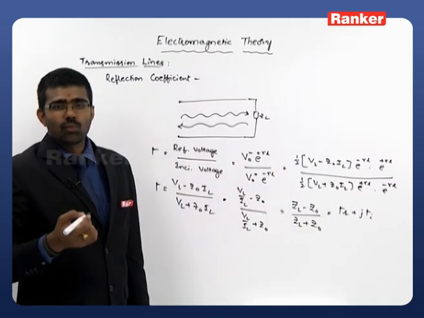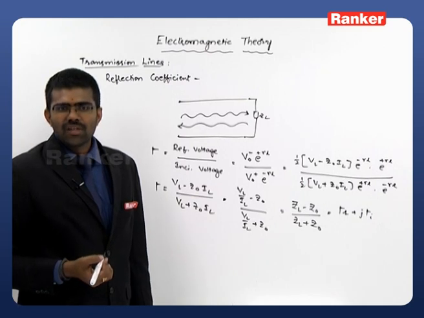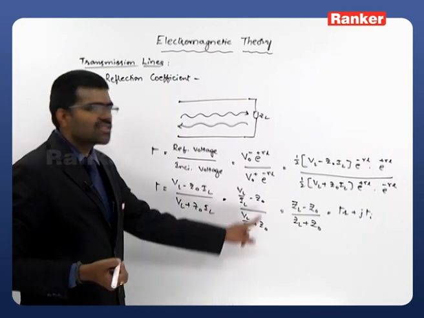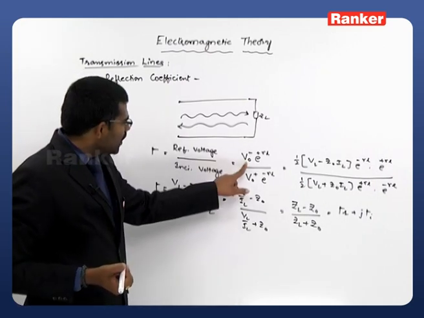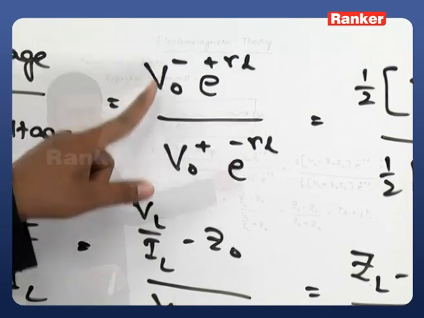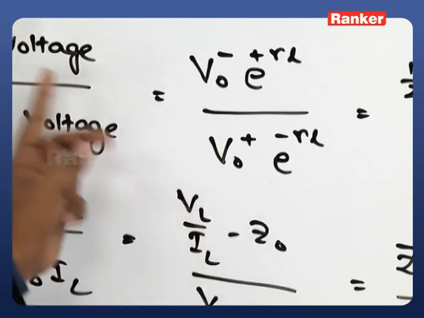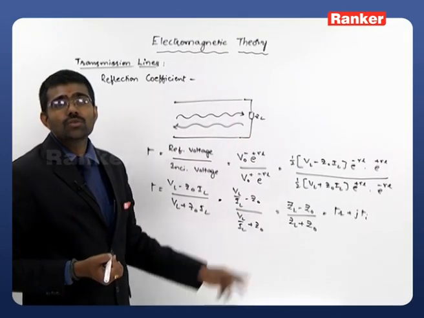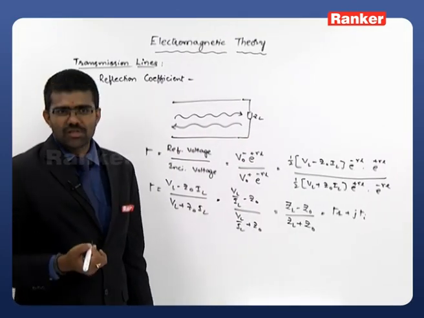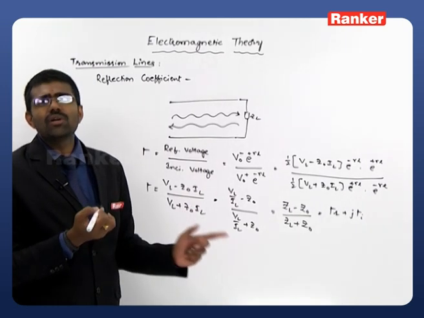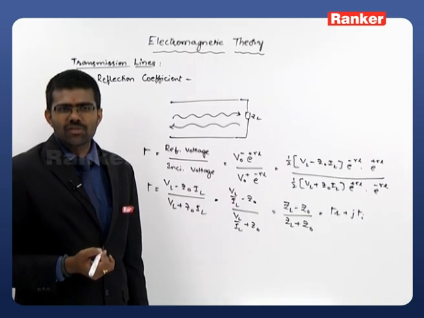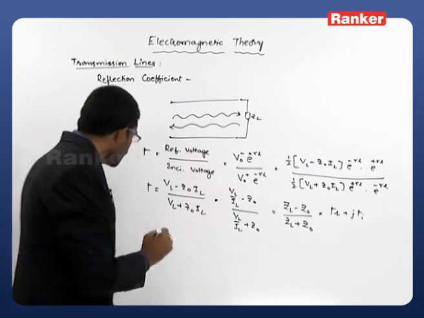You may ask, sir, what is the reflection coefficient for current then? As it is, you are supposed to follow the steps. Here consider the current which is flowing in the opposite or reverse direction, and the current which is travelling in positive z direction, and take the ratio of these two, then that will be the current reflection coefficient. Then what is the relation between the voltage reflection coefficient and the current reflection coefficient? Just observe.